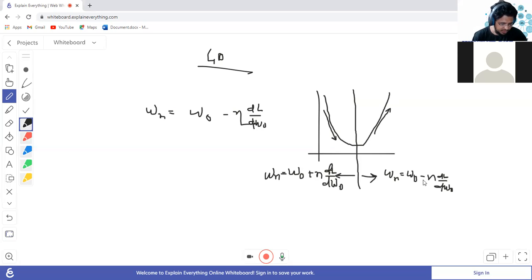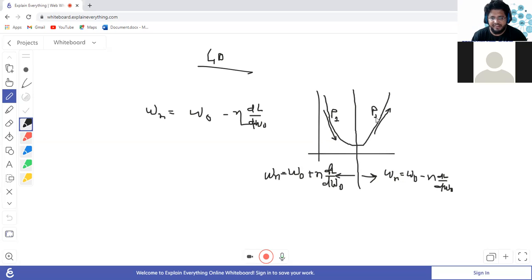Suppose during gradient descent we are at point P1. We need to make sure that we descend in the downward direction to reach the global minima, and the same applies for point P2. So this is P1 and this is point P2.